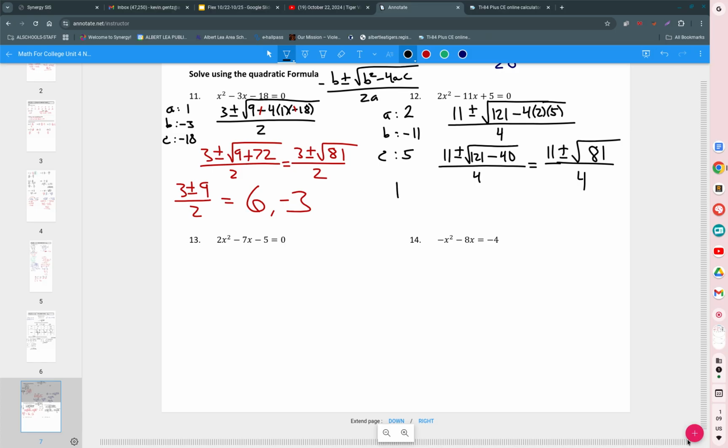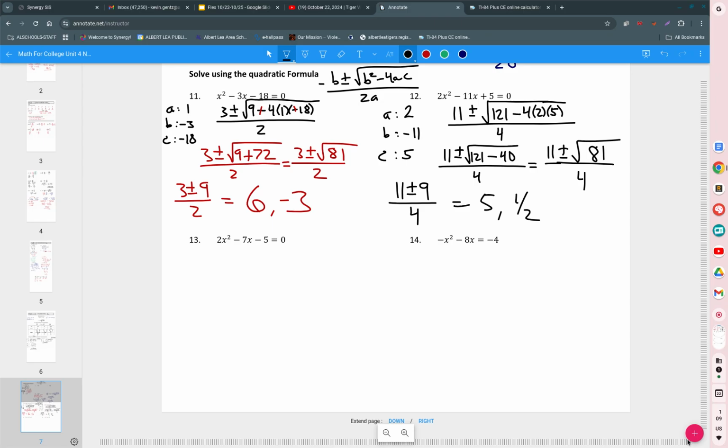So I have 11 plus or minus 9 over 4. So let's figure out our two answers. What's 11 plus 9? 20 divided by 4 is 5. And then 11 minus 9 is 2 divided by 4 is 1/2. So those are your two answers, positive 5 and positive 1/2.